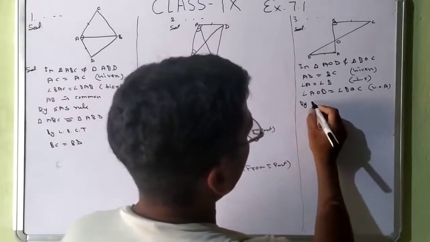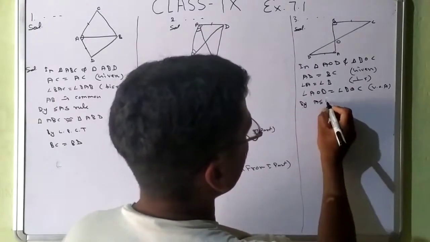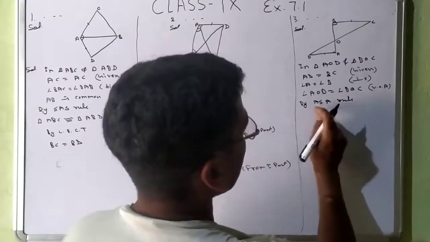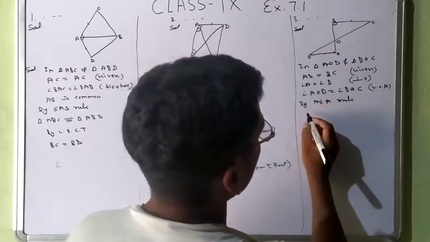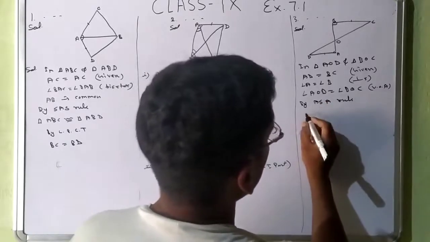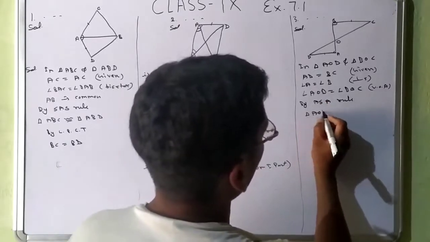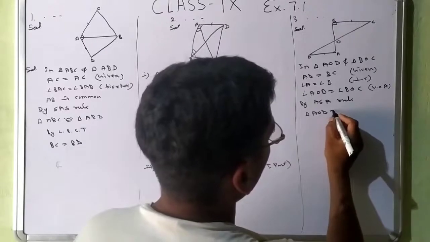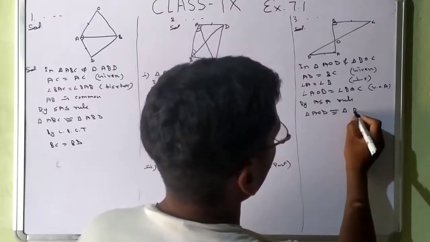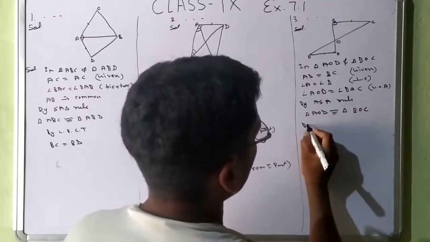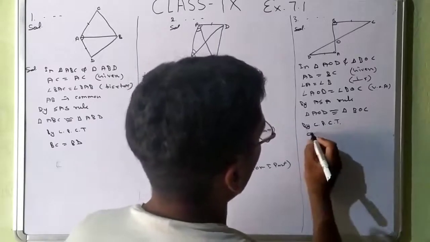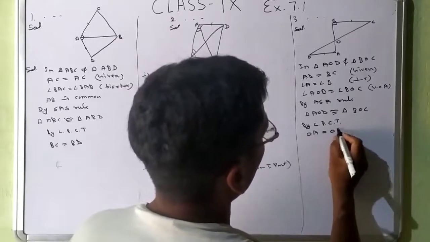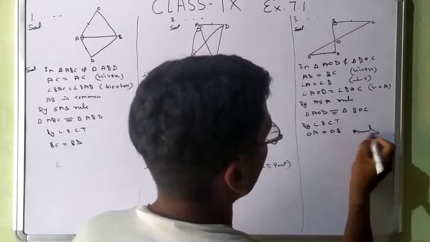By ASA rule, it means angle side angle, triangle AOD is congruent to triangle BOC. Now by CPCT, OA is equal to OB. Proved. Write it.